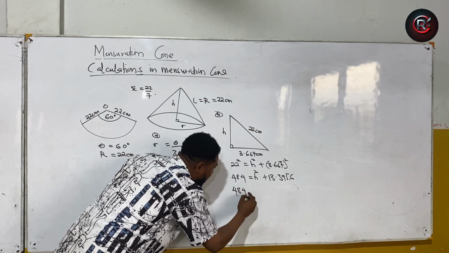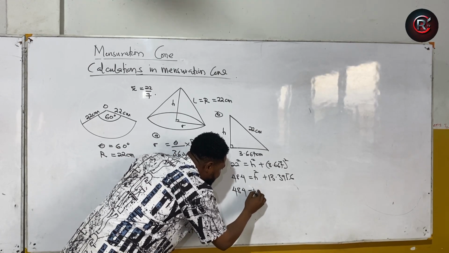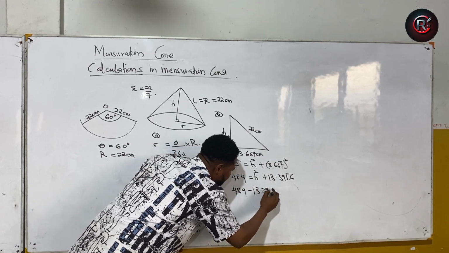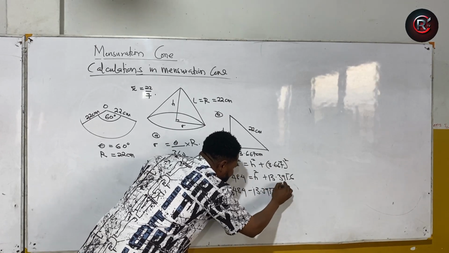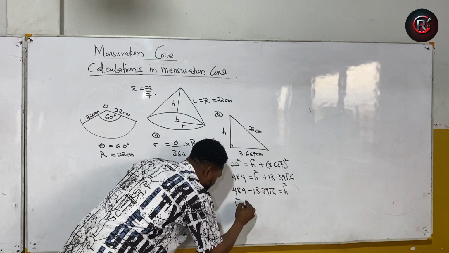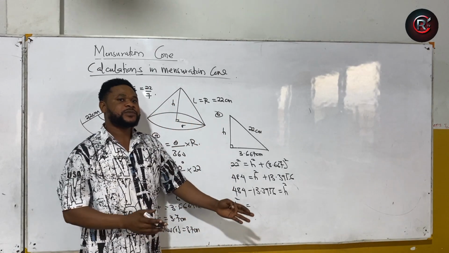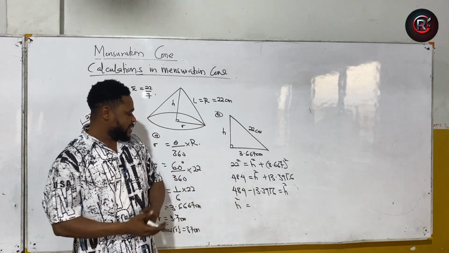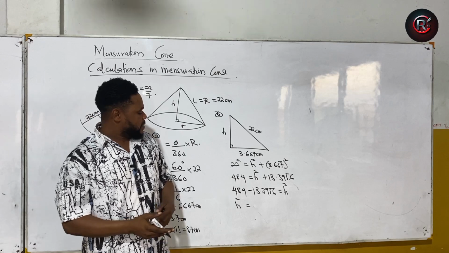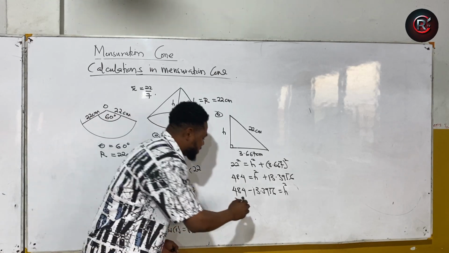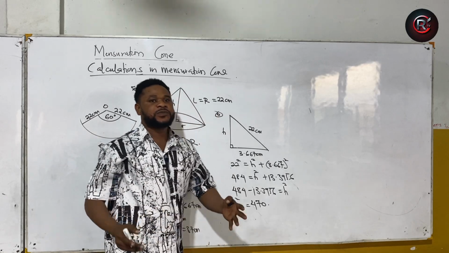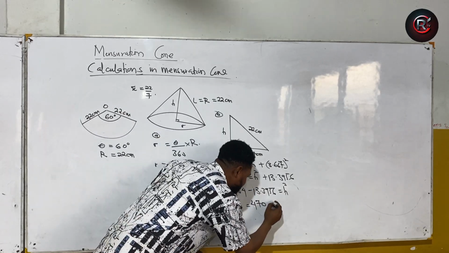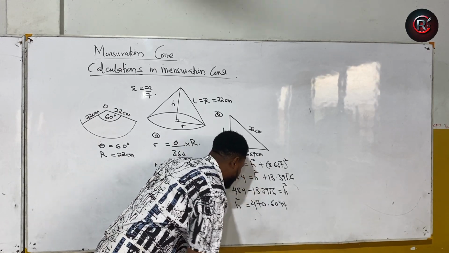So 484 minus 13.3956 equals h squared. Subtracting, we get 470.6044 to 4 decimal places.